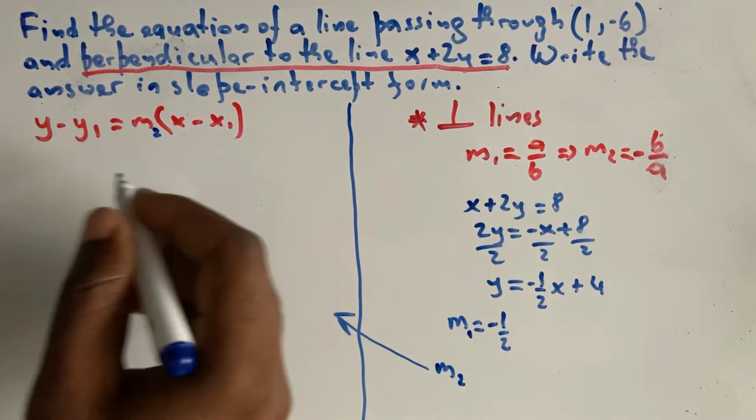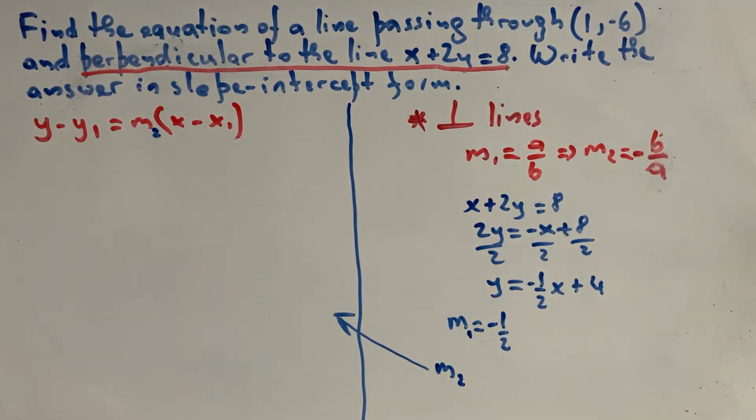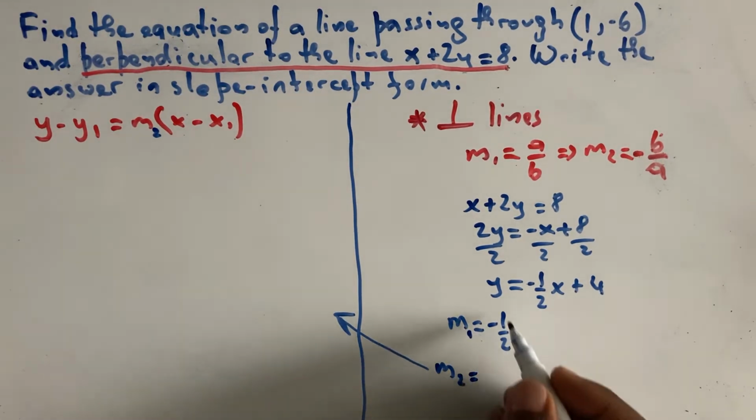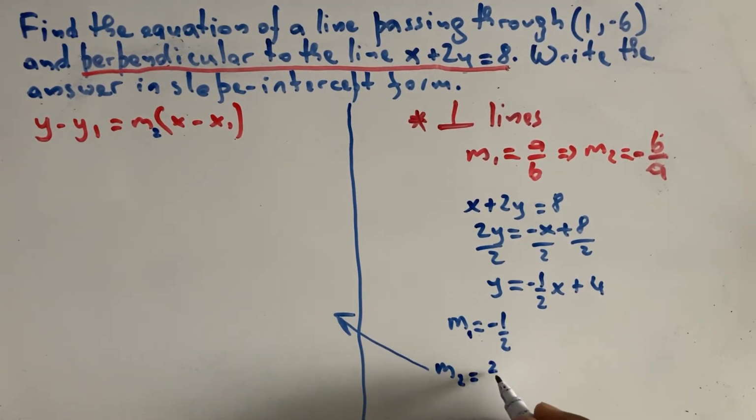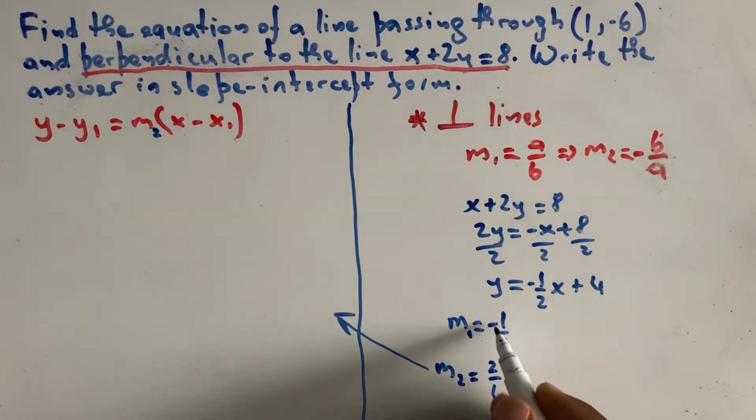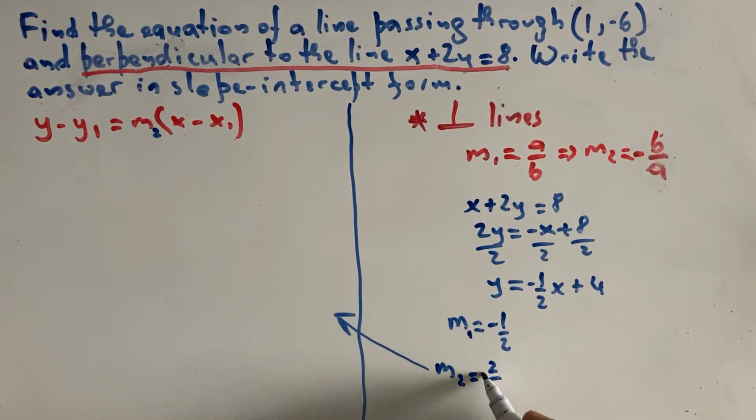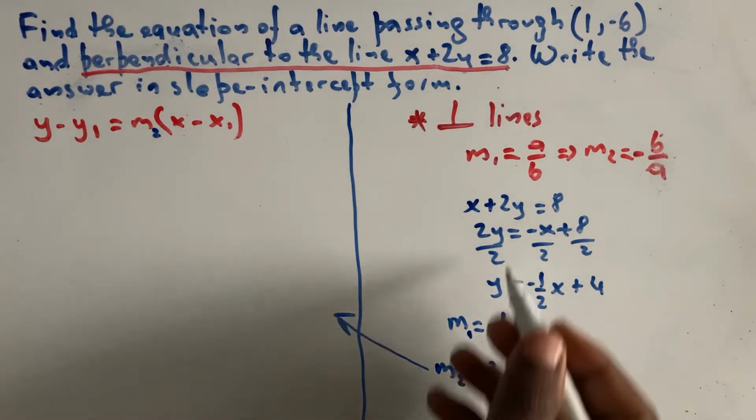As long as I put it here to differentiate so it makes sense to you. So m2 in this case would be this flipped, so now it's 2 over 1. Then I change the sign. It was negative, now it becomes positive. So I flip it, I change the sign. Therefore, this is just 2.